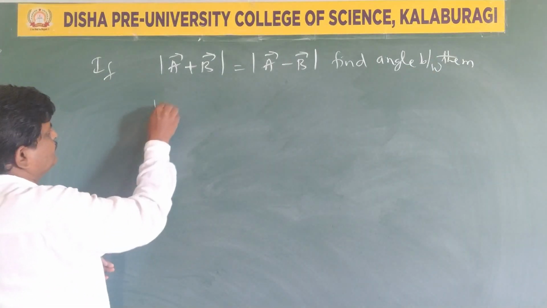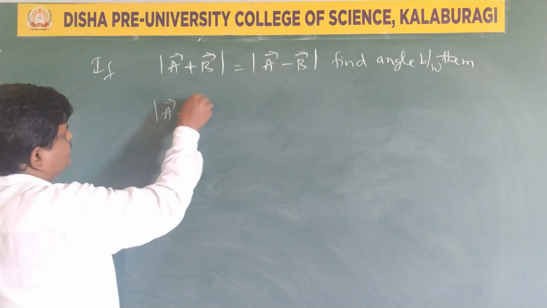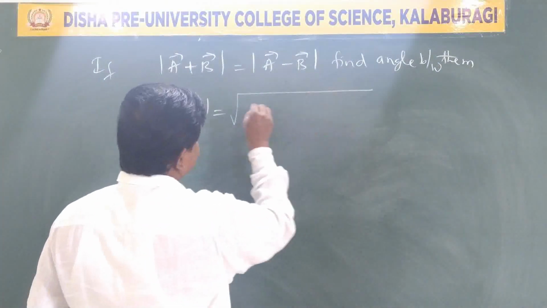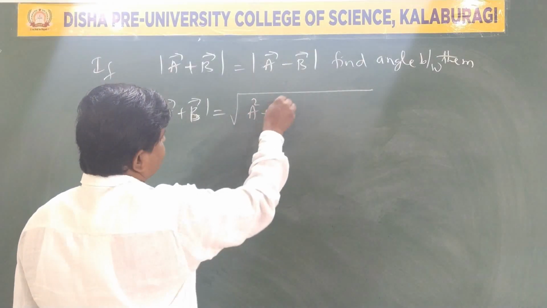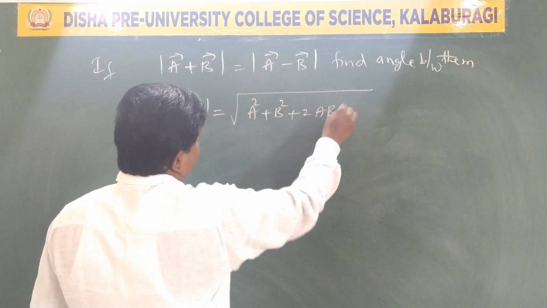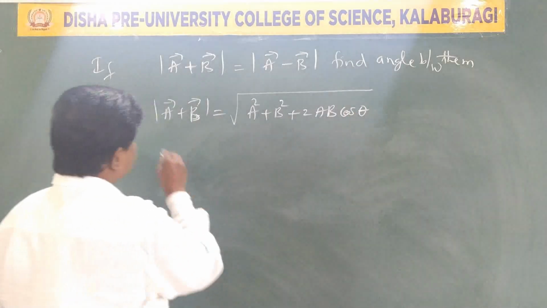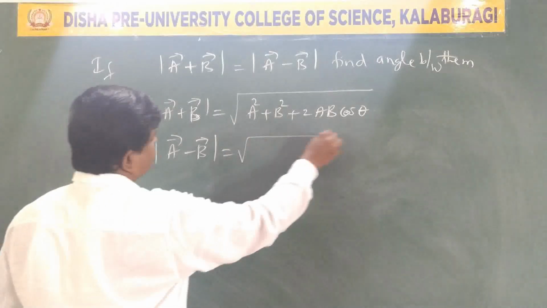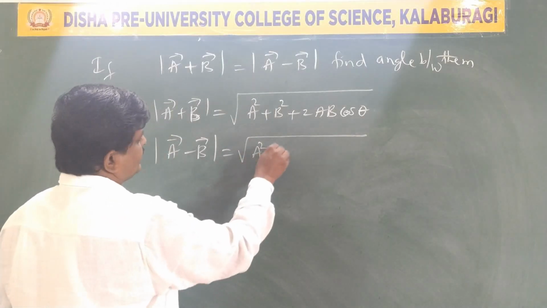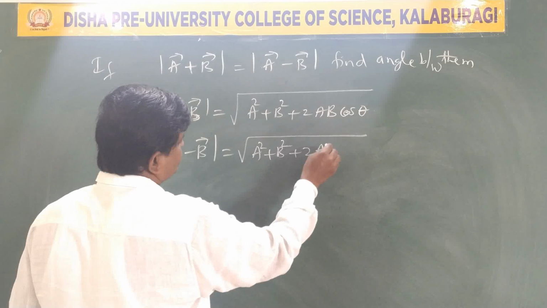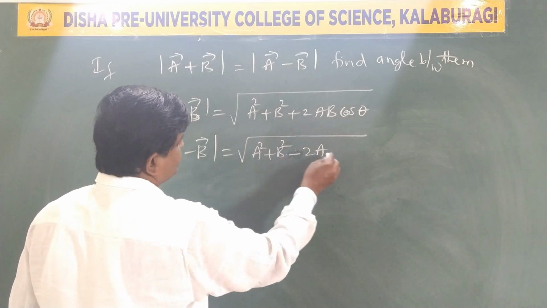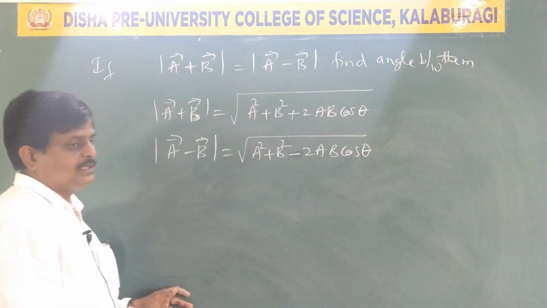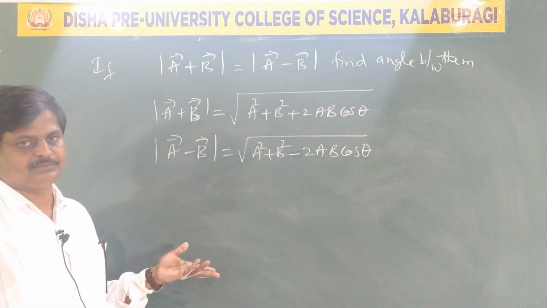So the modulus of a plus b, what does it mean? The same: a square plus b square plus 2ab cos theta. Now how do you find the other one? Minimum. When it is minimum, it is a square plus b square, sorry, minus 2ab cos theta. But here what is theta? 180 degree, right?